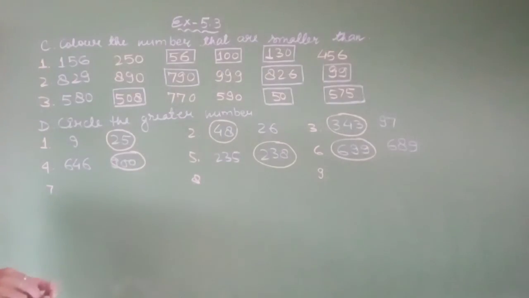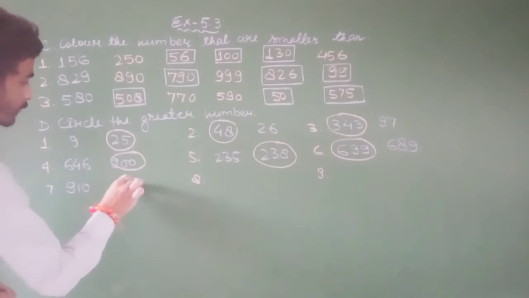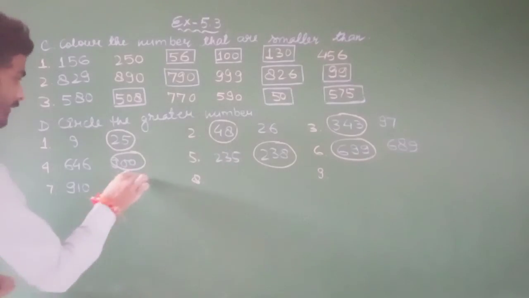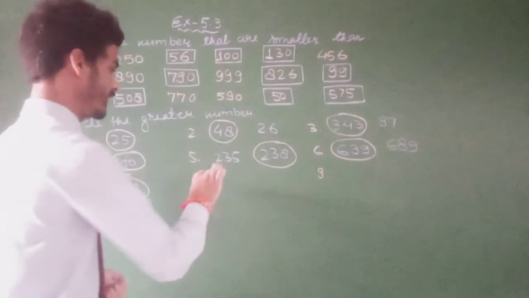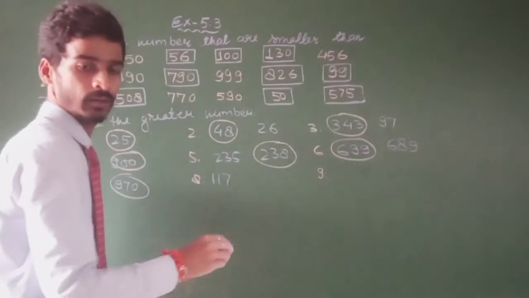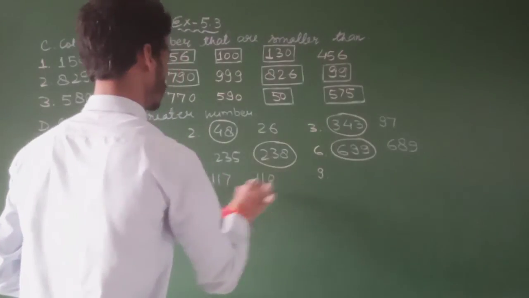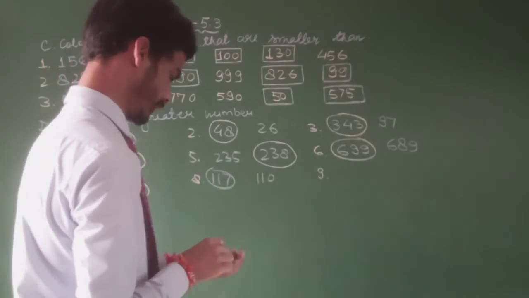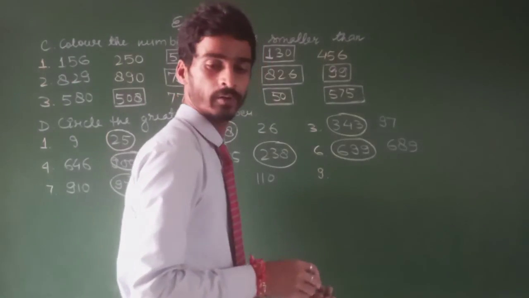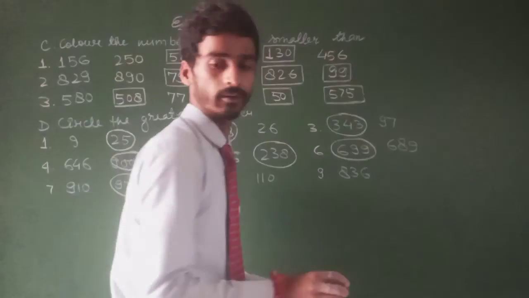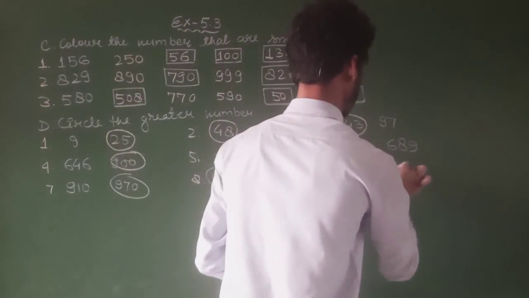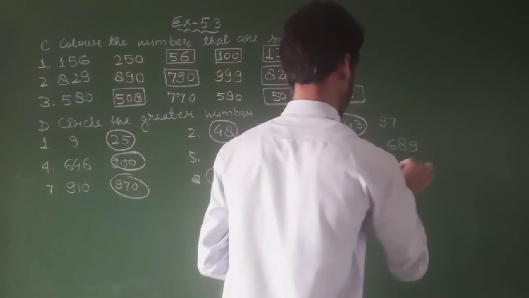The seventh question is 910 and 970. 970 is greater than 910. Question number 8 is 170 and 110. 170 is greater than 110. Question number 9 is 836 and 910. 910 is greater than 836.